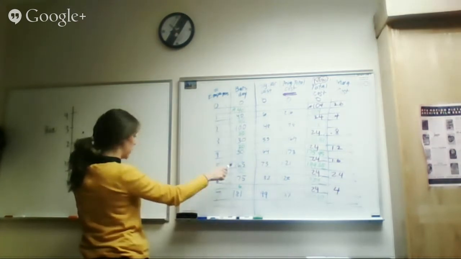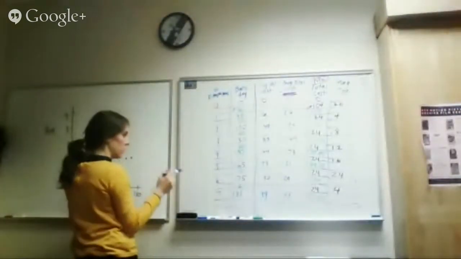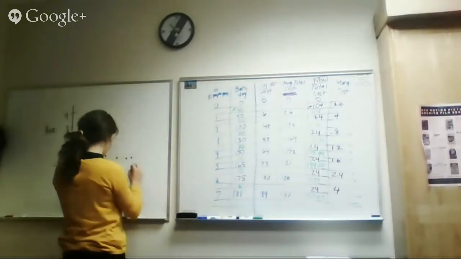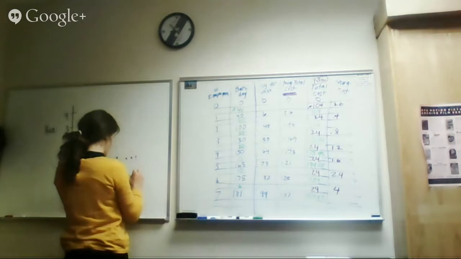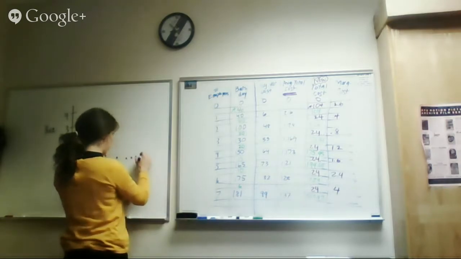When I have 165 bats per day, it's going to be about 1.4. 175 is going to be about 1.28. And then at 181, it's going to be about 1.37.